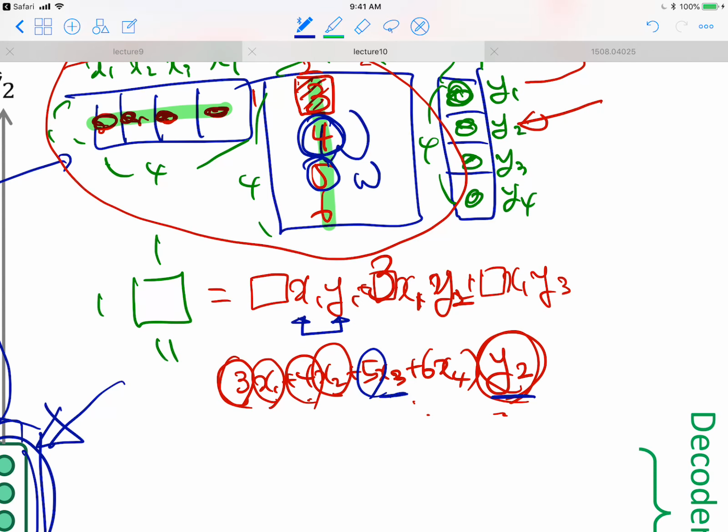And in this bilinear model, we are no longer restricted to the same dimensional vectors between this x and y.